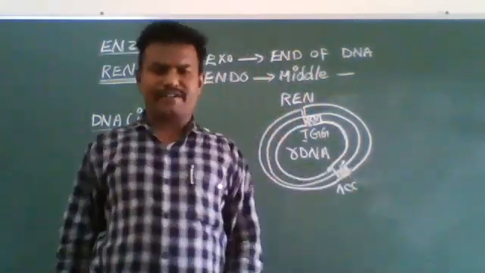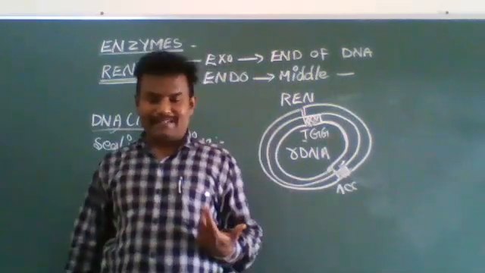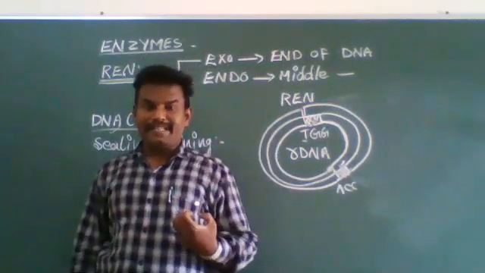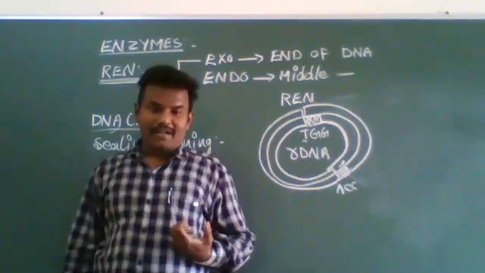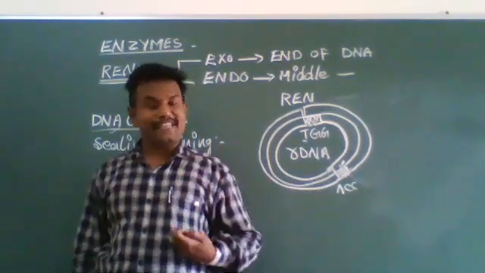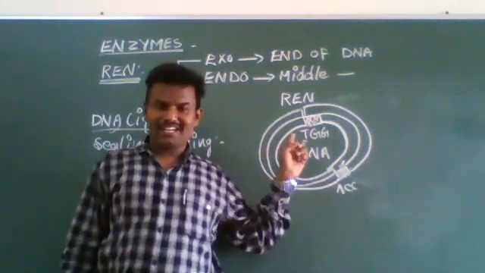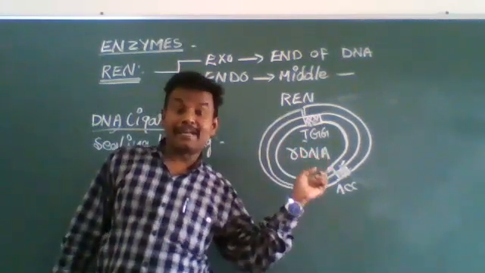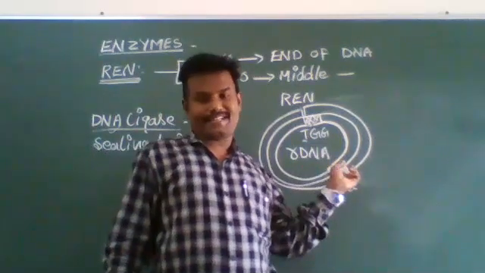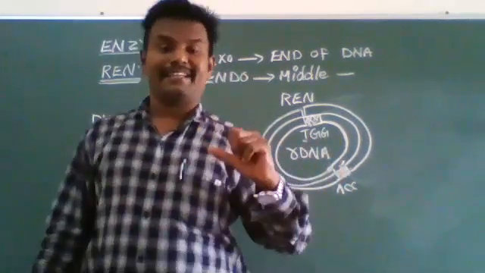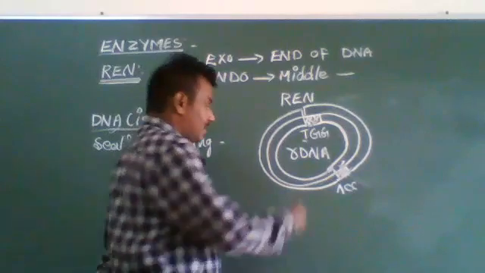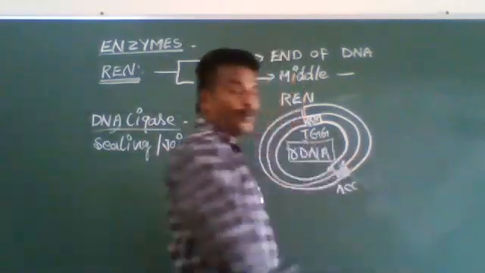As a result of binding or sealing, a single circular autonomously replicating plasmid is formed. Autonomously means it replicates by itself. Therefore, it is called recombinant DNA.